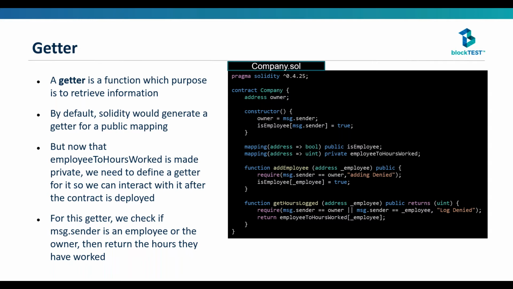If the sender is not the owner, or if the sender is an employee but is trying to access the records of some other employee, we should not give them access to that. This will ensure that it is happening as we expect it to. After this, we are just going to return employee to hours worked, passing the parameter employee into this. This would give us the number of hours that the employee has worked.